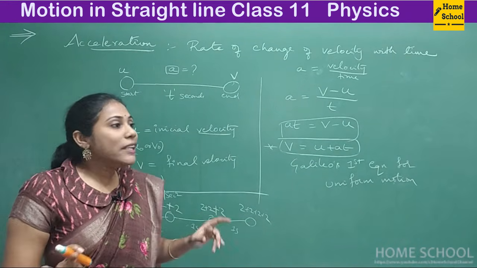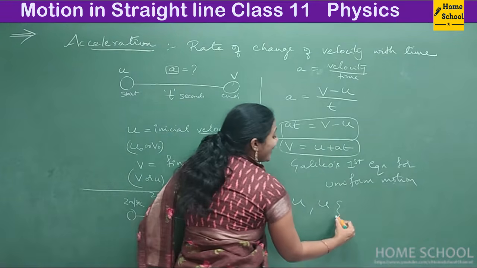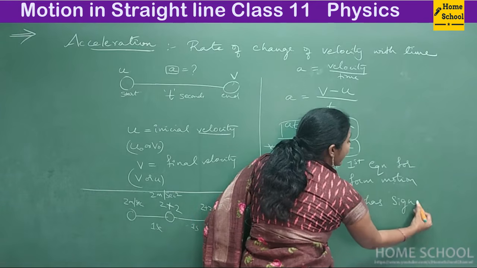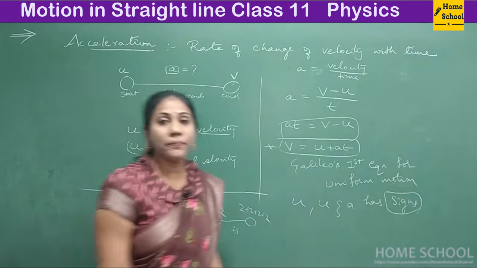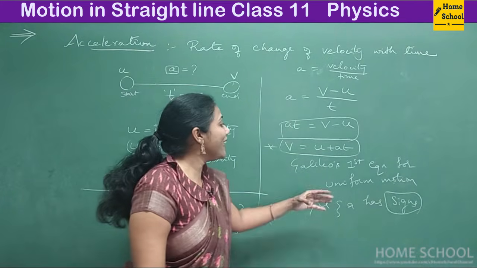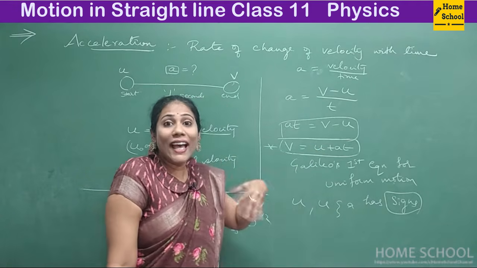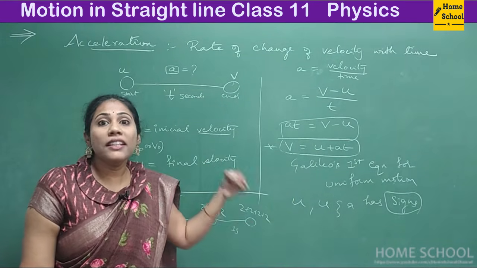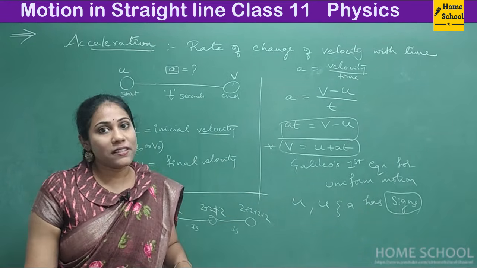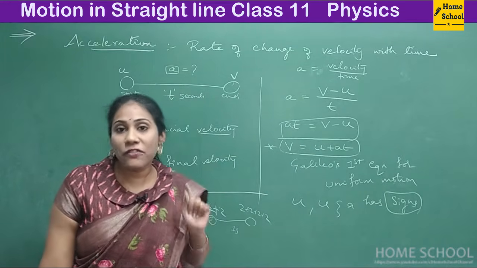Why? Because all these factors, this V, U and A, have signs. So you have to indicate them with certain signs. While solving a problem, you have to take proper signs for V, U and A. They have directions, and their direction is represented with the help of signs.